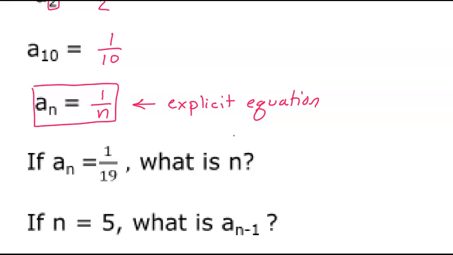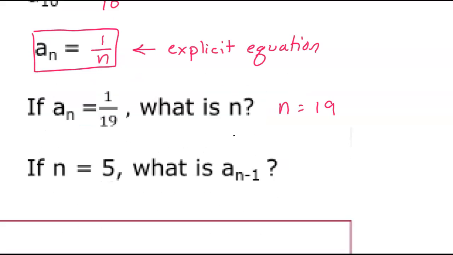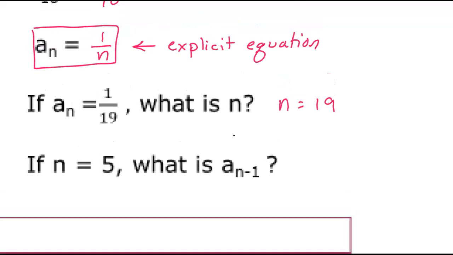If I said A sub 1 million, what would our term's value be? 1/1 million, exactly. So if we have A sub n is equal to 1/19, what is n? 19.